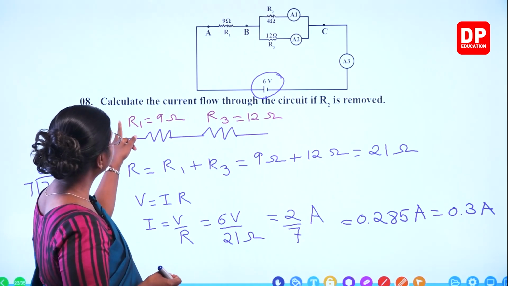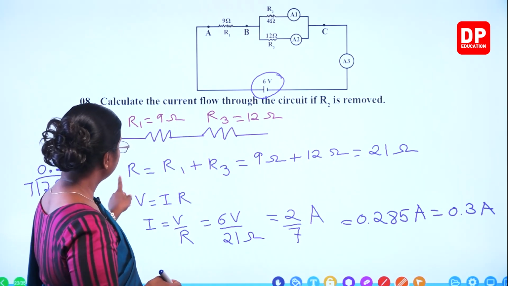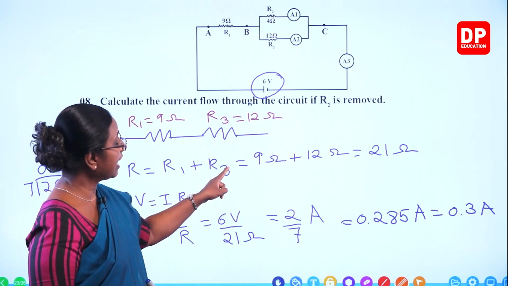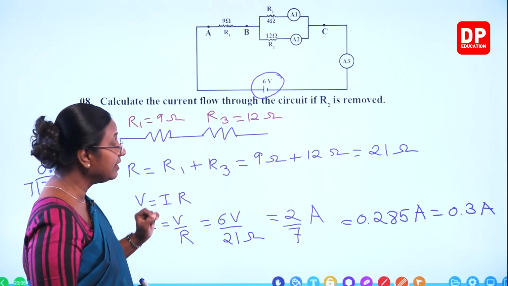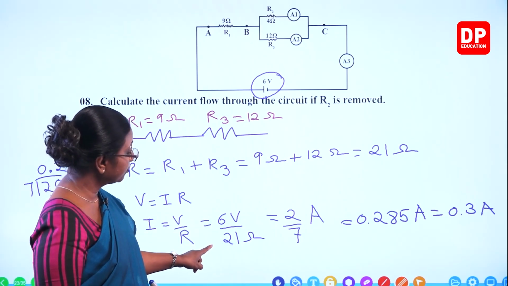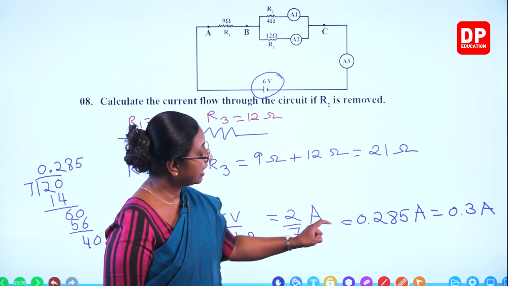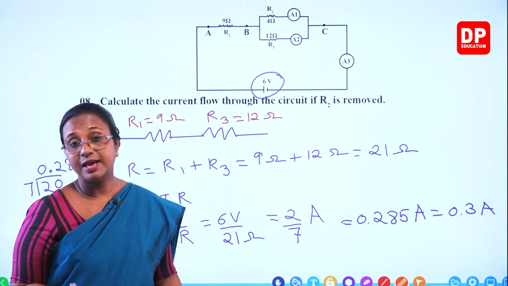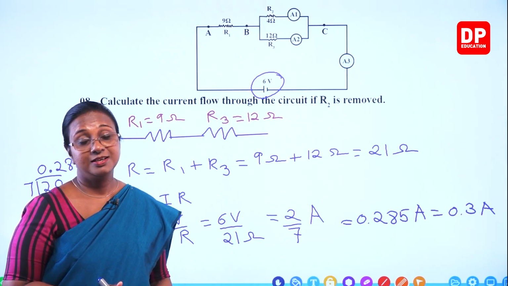So we calculate the equivalent resistance, R1 and R3 added together, 9 ohm and 12 ohm, 21 ohm. Then from V equals IR, we calculate current by dividing 6 volts by 21 ohms. So 2 over 7, equal to 0.285 amperes or 0.3 amperes. You can see the current has decreased.